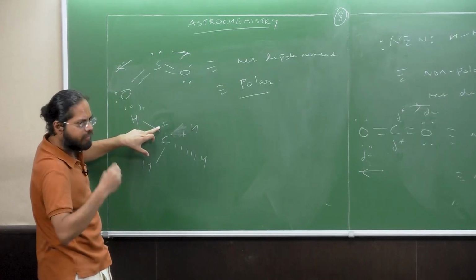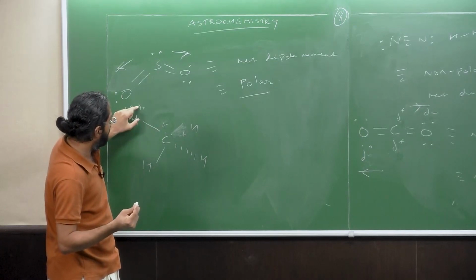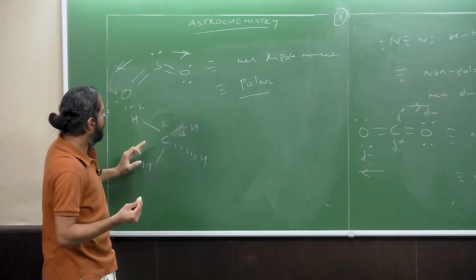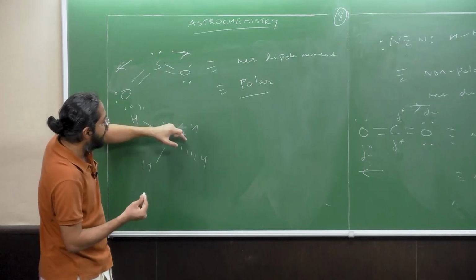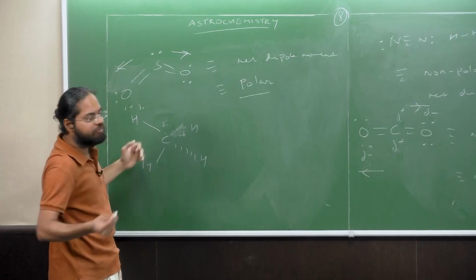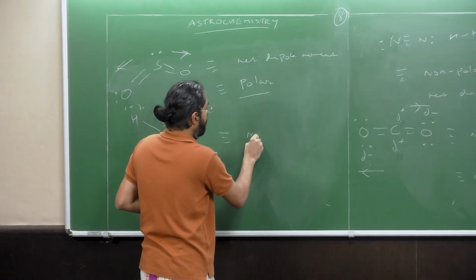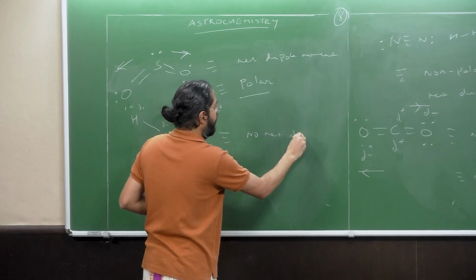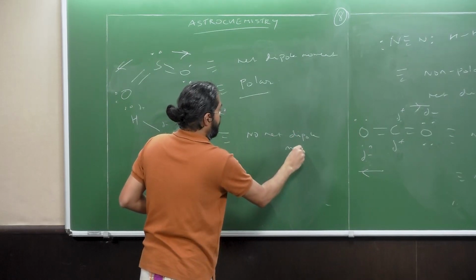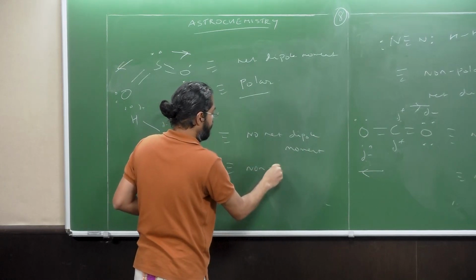Because carbon is slightly more electronegative, the dipole moment is going to be from here to here. Now, similarly, this and this will cancel out, and this and this will cancel out. So overall, the net vector sum of the dipole moment is 0. So there is no net dipole moment, and this is therefore non-polar.